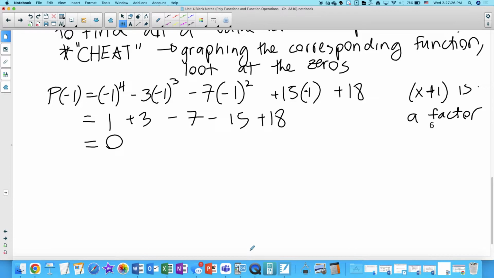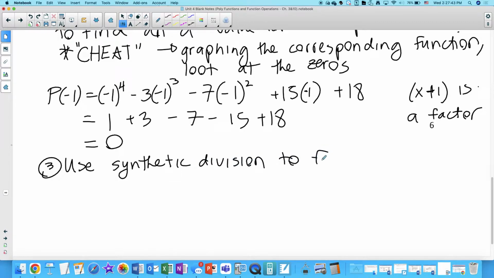So in step 3, we need to use synthetic division to factor out the x plus 1, and then essentially we have to keep going.